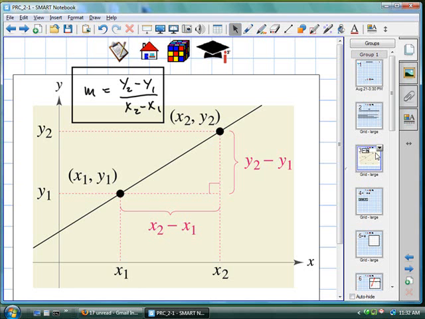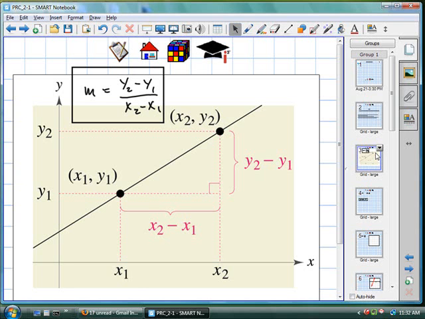This is the way that's usually expressed. M is used for slope. M equals literally the change in y over the change in x. In fact, you may, in your math class, have learned it as delta y over delta x. Delta sometimes is a shortcut for the difference in y. But anyway, usually we express it this way: y2 minus y1 over x2 minus x1.